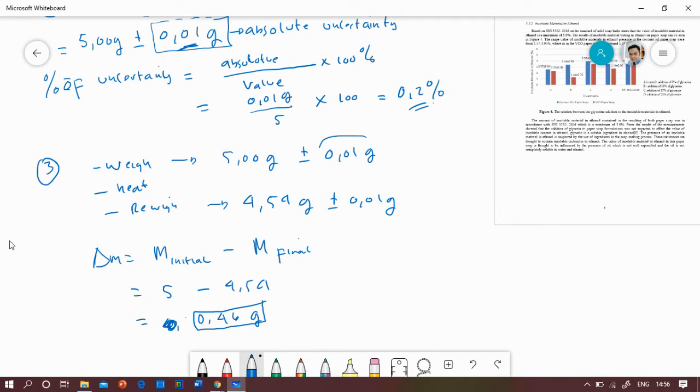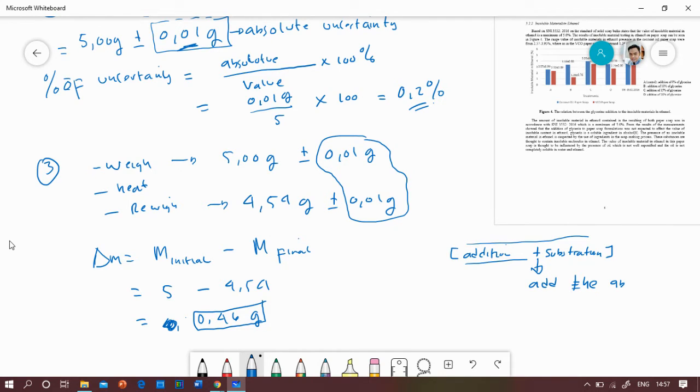How about the uncertainty? How do we calculate the uncertainty of this? Okay, this is the key. If you do addition or subtraction, then you also need to add the uncertainty. So for this operation, you need to add the absolute uncertainty.